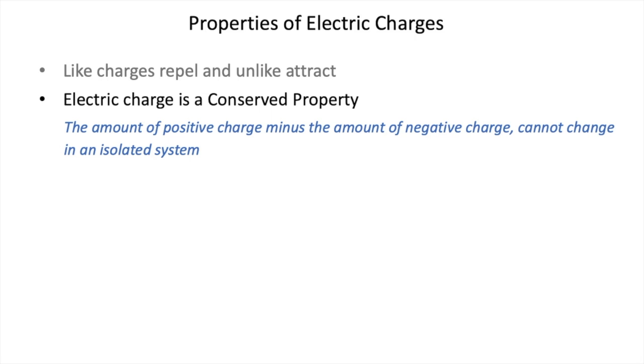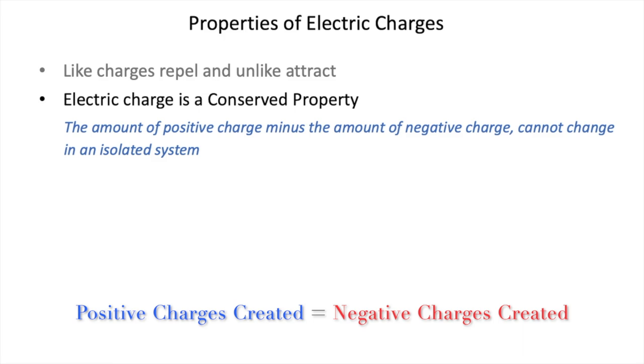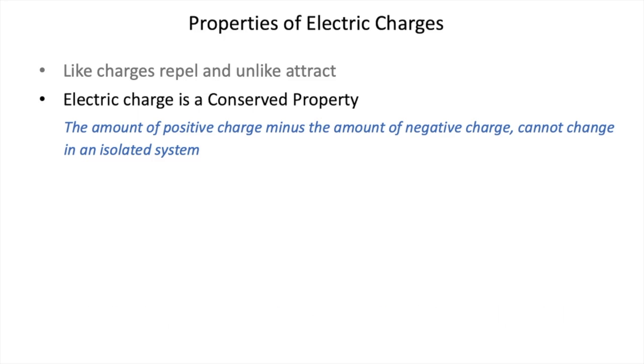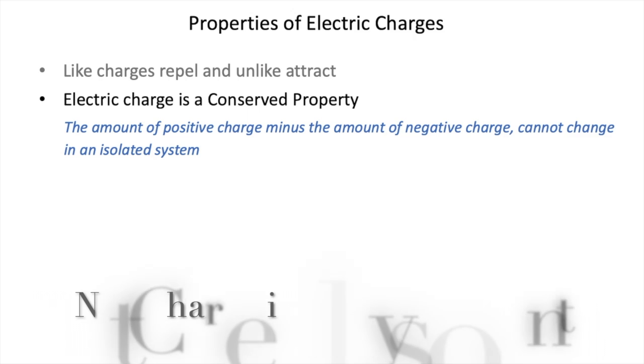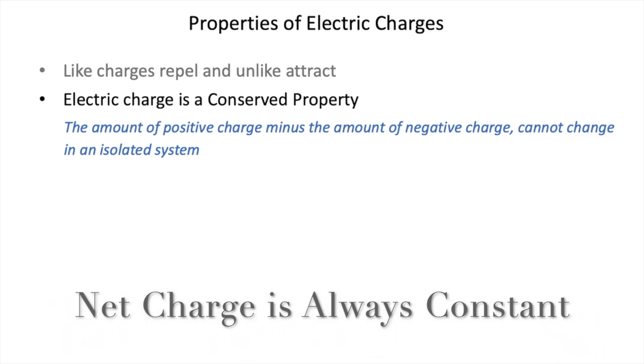Even in a reaction where electric charges are created, it just means that an equal number of positive and negative charges will be created. And in a reaction where charges are destroyed, again, an equal number of positive and negative charges will be destroyed. And the net charge is always going to remain constant.